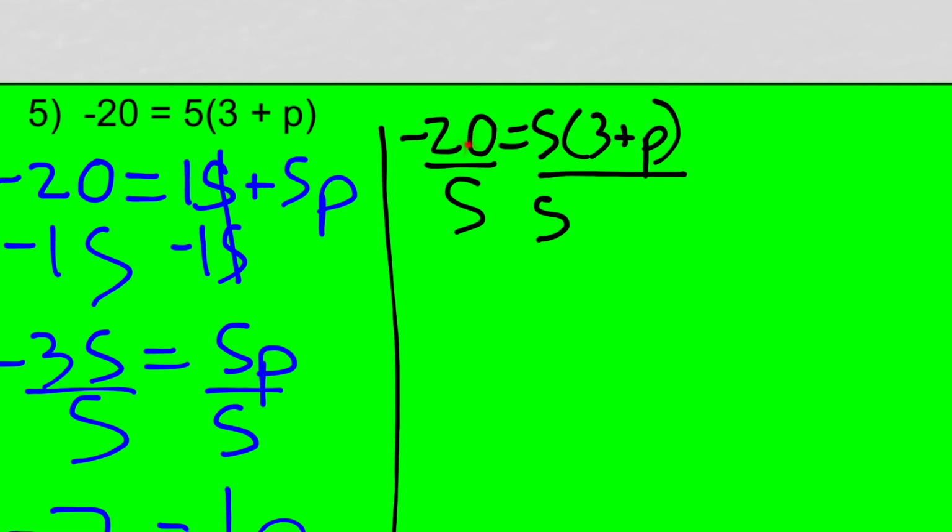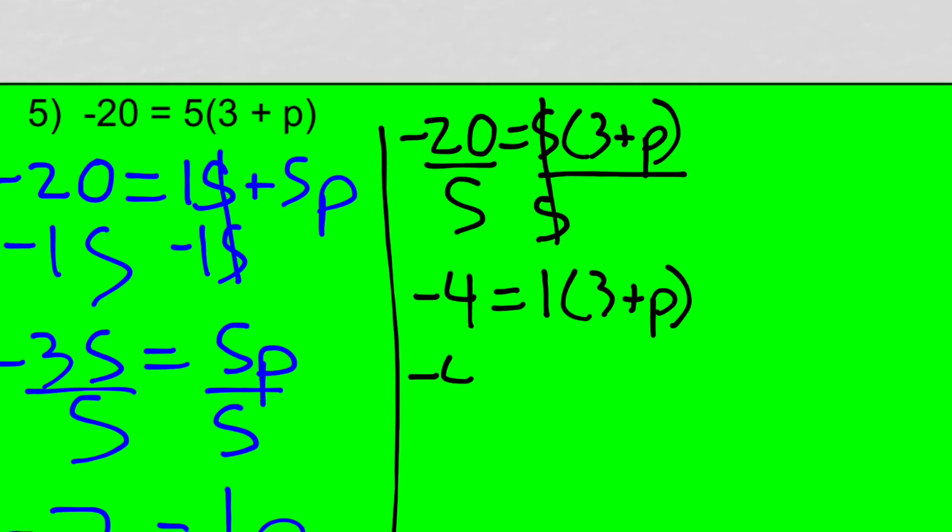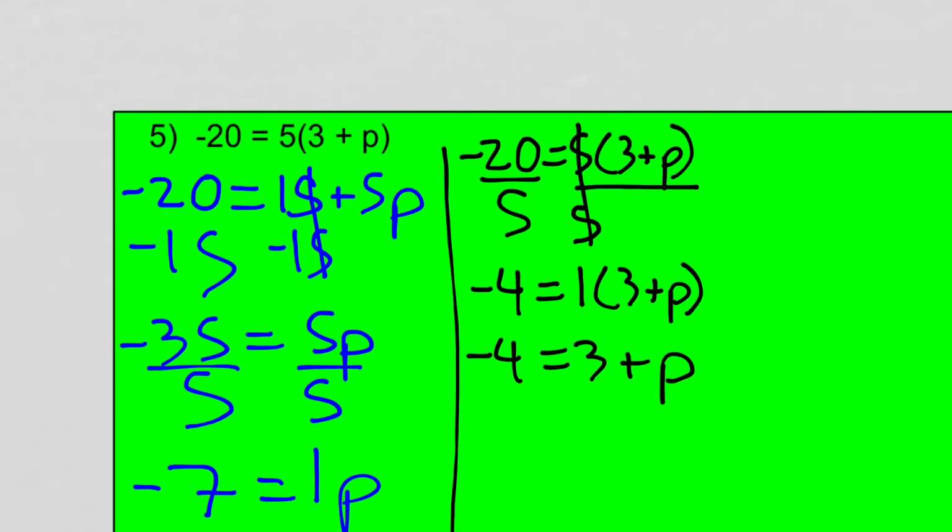So negative 20 divided by 5 is negative 4 equals 5 divided by 5 is 1 group of 3 plus p. And that's the same as negative 4 equals 3 plus p.